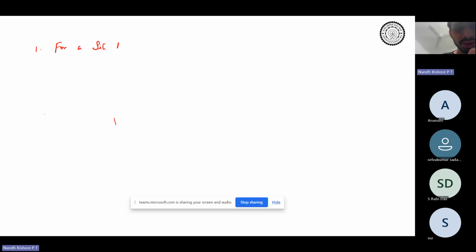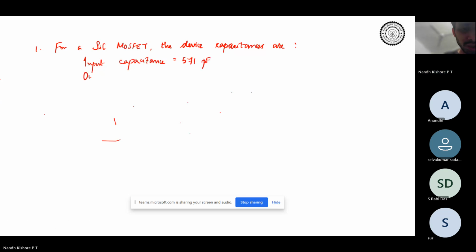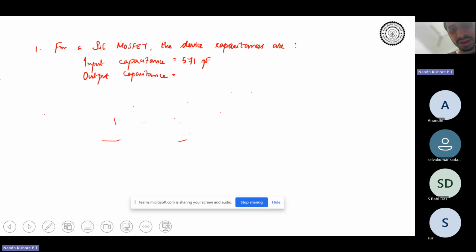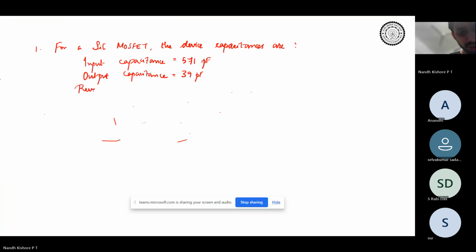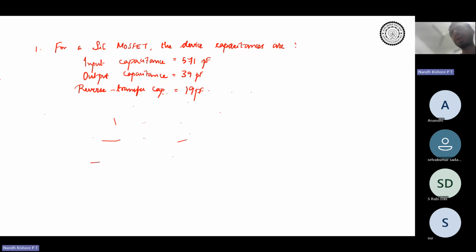For a SiC MOSFET, the device capacitances are: input capacitance equal to 571 picofarad, output capacitance is 39 picofarad, and reverse transfer capacitance is 19 picofarad.